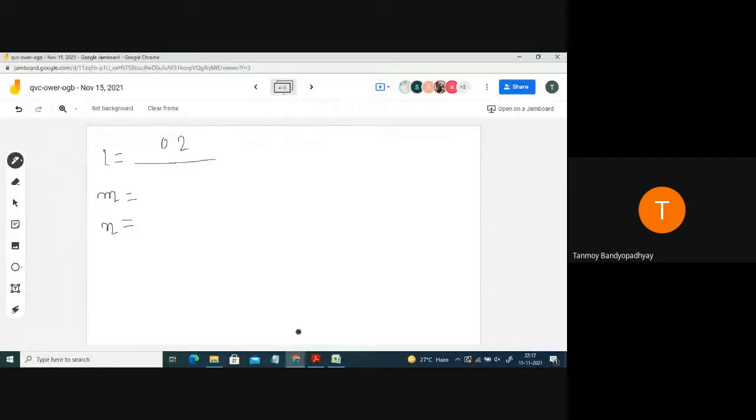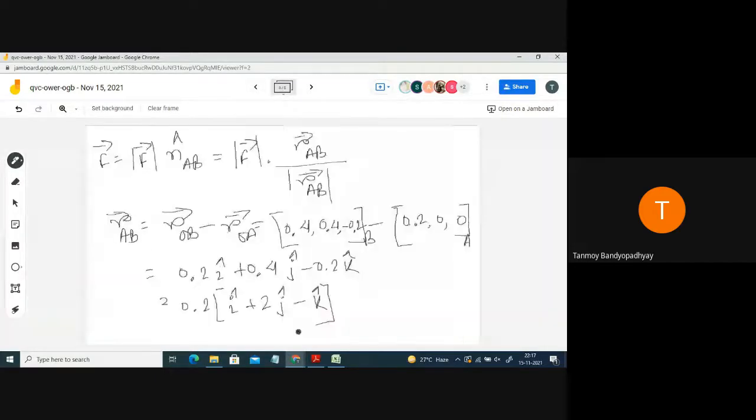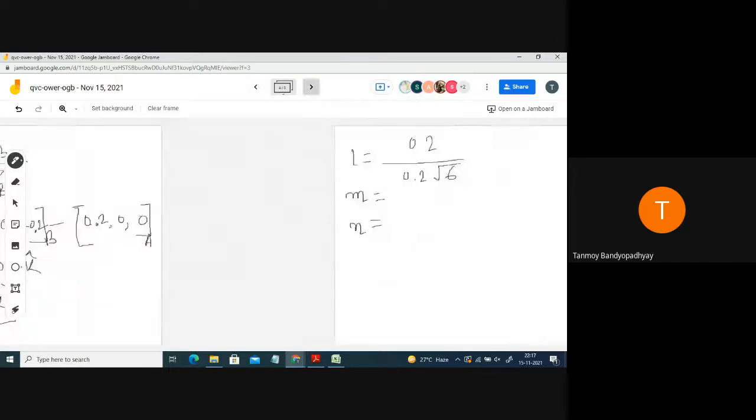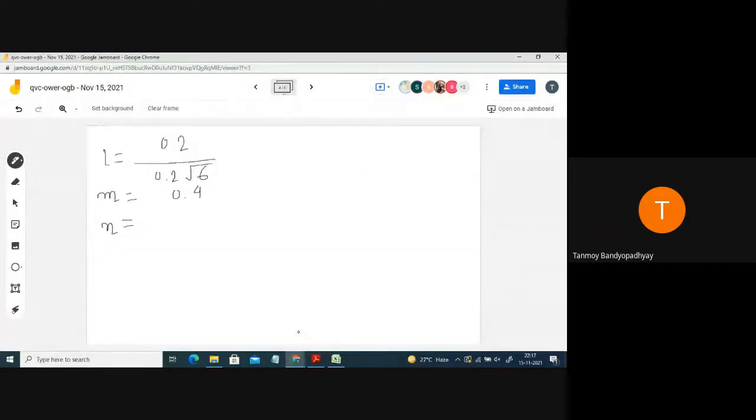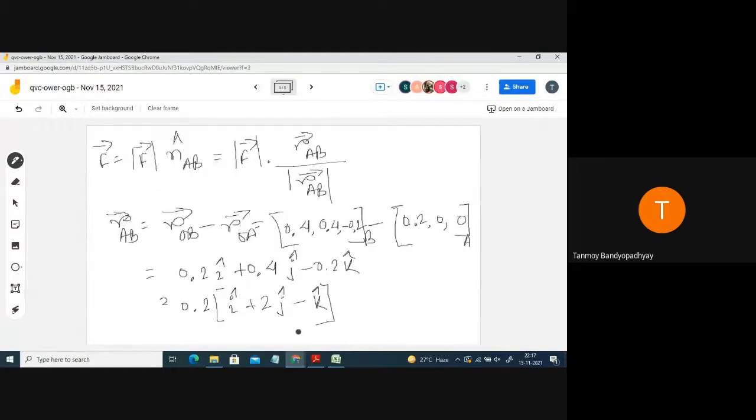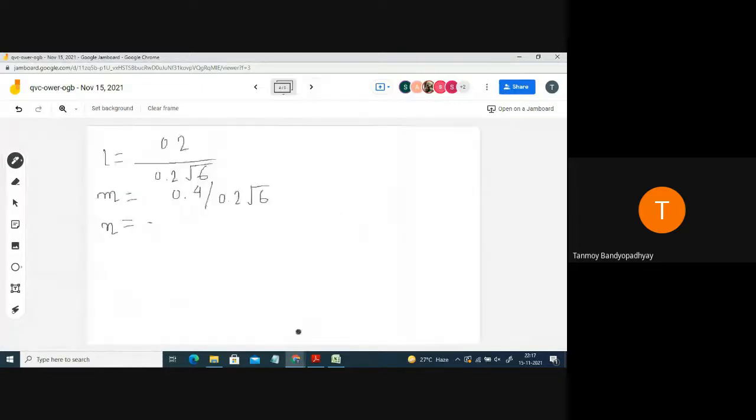That will be 0.2 root 6. Do it at home. Again this will be 0.4 divided by 0.2 root 6, and minus 0.2 divided by 0.2 root 6. So I think you know how to calculate L, M, N.